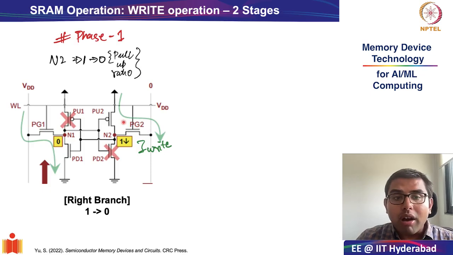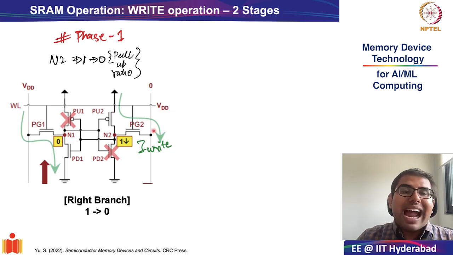We focus on the right hand side of the branch, and because in this case pass gate transistor 2 has turned on, there is a finite write current which flows through this branch from VDD through the pull-up 2 transistor to the pass gate 2 transistor, and as a result the value of 1 starts moving slowly to 1 minus V dash, or towards 0. So this is the initiating phase of the write operation, right?